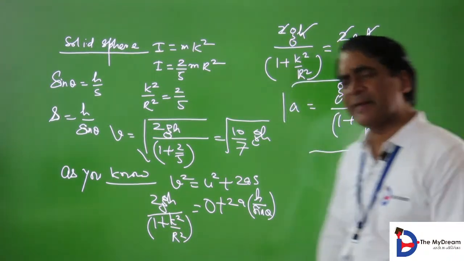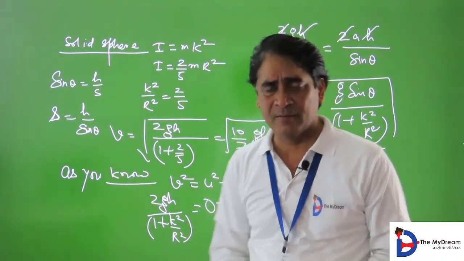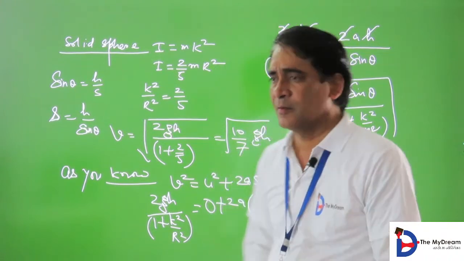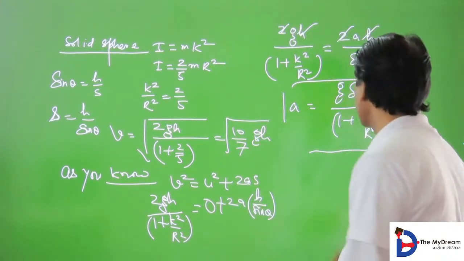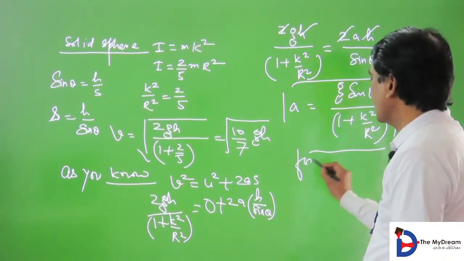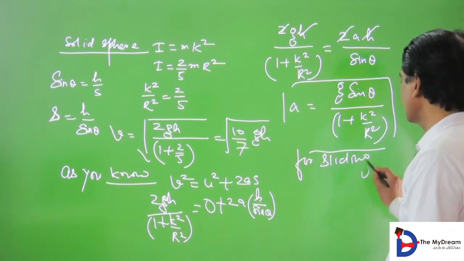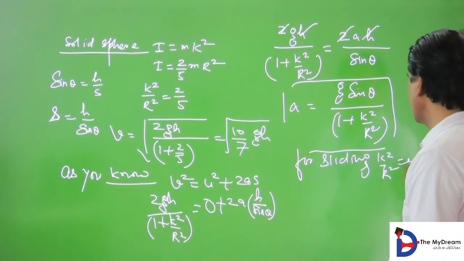As you have already read in laws of motion, work power energy, there is sliding on a frictionless inclined plane and there is friction. For sliding, the value of k square by r square is 0.